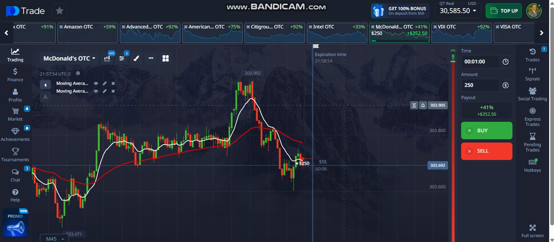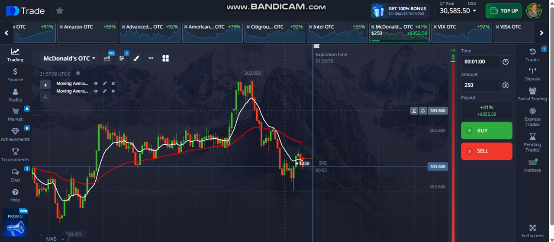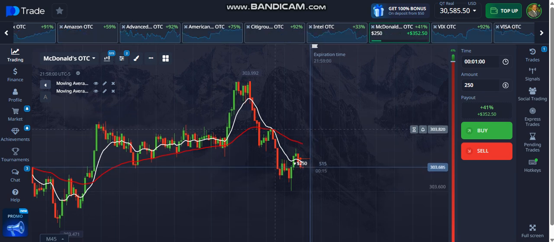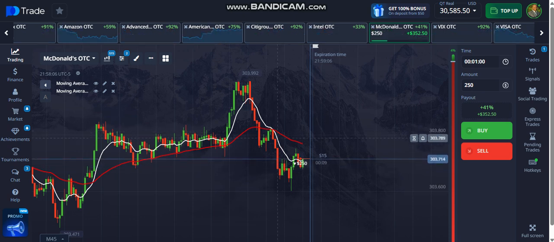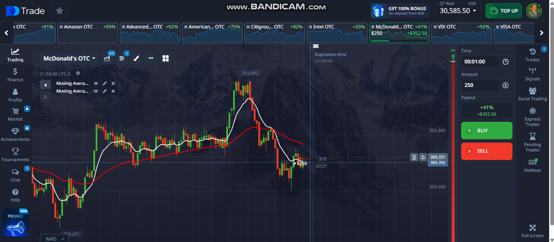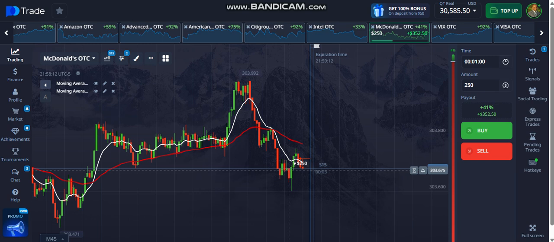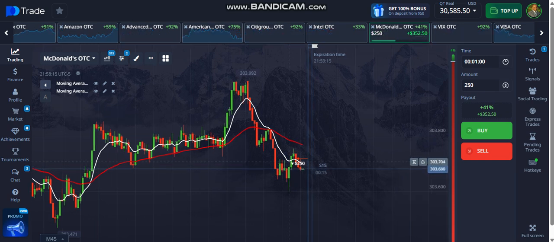Okay, I'm on McDonald's, and first step, the 10 EMA, the white line, crosses the 50 EMA. So it's building up, then it's sort of consolidating here, but the price hasn't touched the 10 EMA line yet.